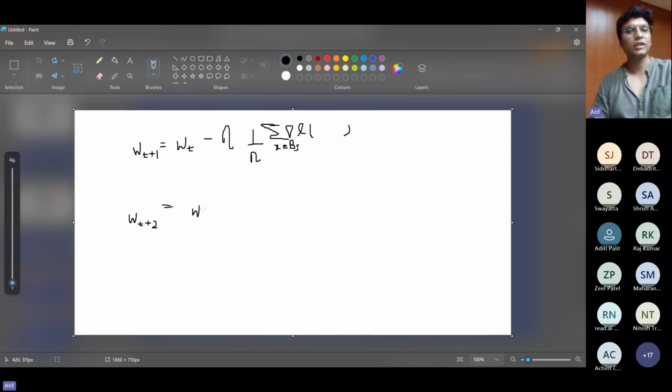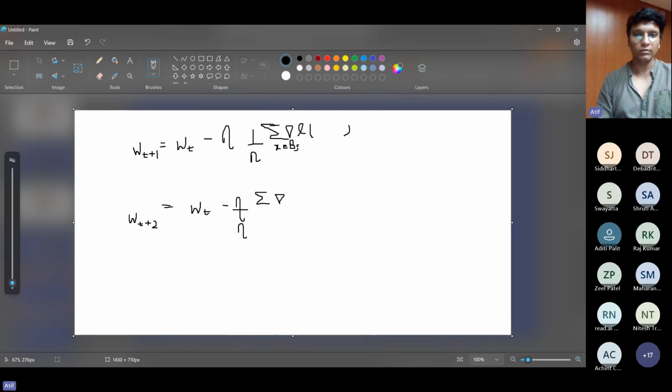Wt plus 1 minus eta 1 by n summation over the loss gradients. Now, remember this is wt plus 1 and we have already written the equation for wt plus 1 up there, right? So if I just replace the wt plus 1 equation, what I can write is wt minus eta, and then you have a 1 by n here, and then you have a summation, the gradient of this loss, right?